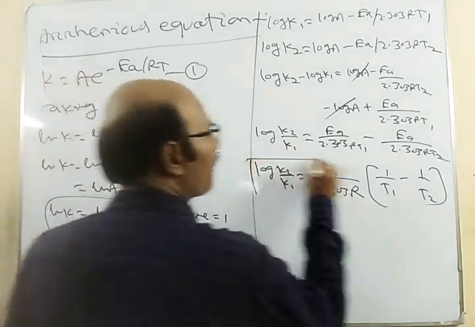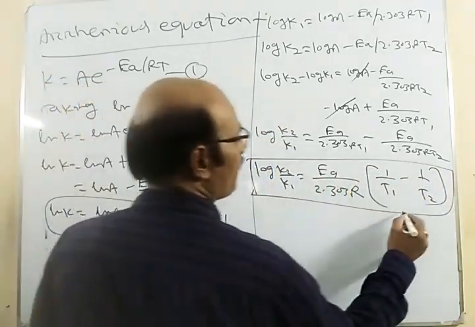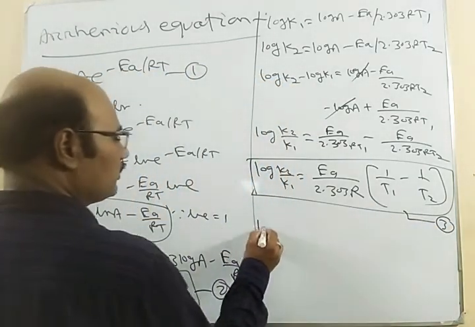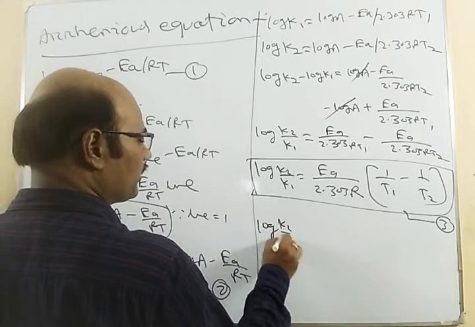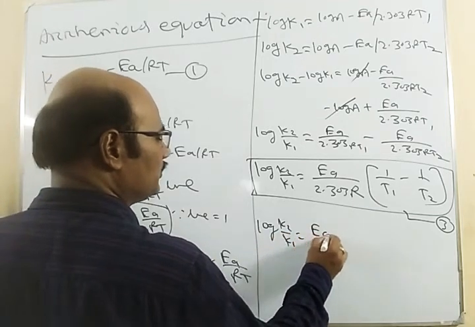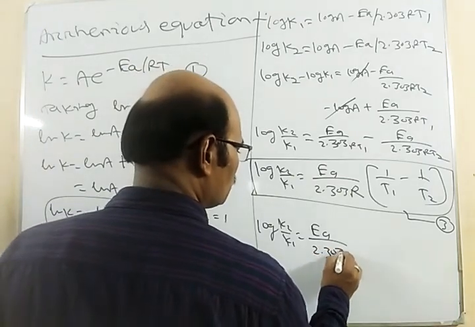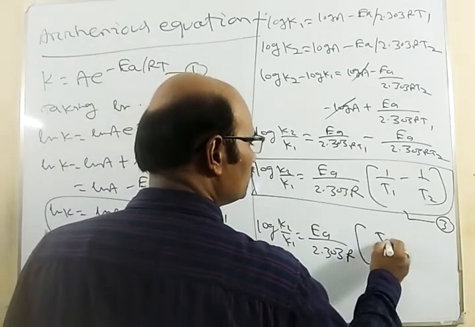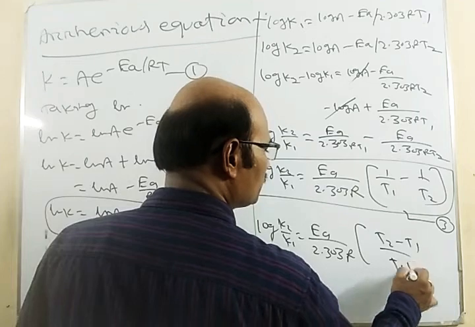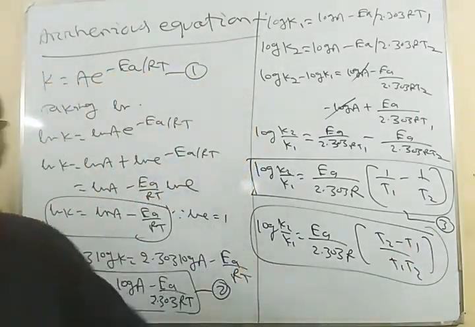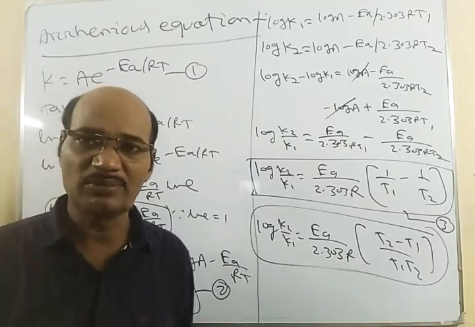Okay, or log k2 by k1 is equal to Ea by 2.303 R into T2 minus T1 by T1 T2. So this is about the Arrhenius equation in logarithmic form.